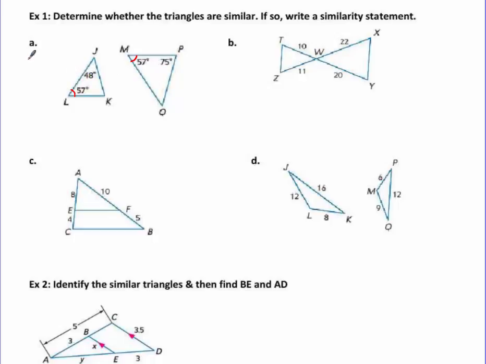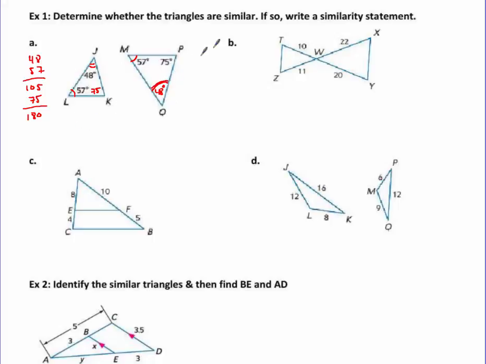But if you add these two together, 48 and 57, that adds up to 105. And then if you add this 75 to it, that adds up to 180. So all three of these add up to 180, so that means this must be 75 and this must be 48. So in that case, we have two angles that are the same. We actually have three, but we only needed two.